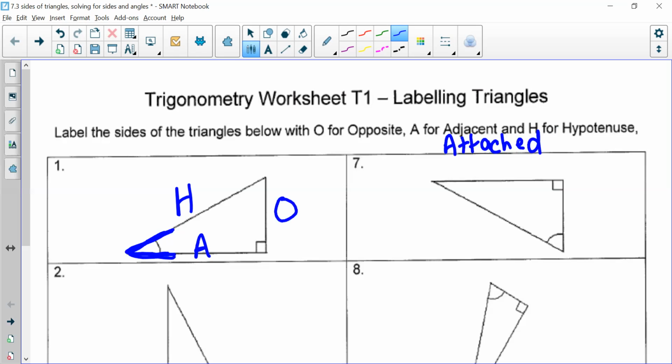So my hypotenuse and my adjacent will always make up the angle that I'm working from, the perspective I'm looking from. Hypotenuse is the longest, across from the 90-degree angle. Opposite is all the way across from the angle that I'm looking at. Adjacent is attached to my angle. Any questions on O, A, and H?